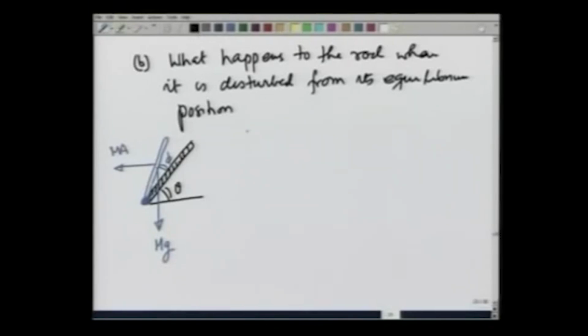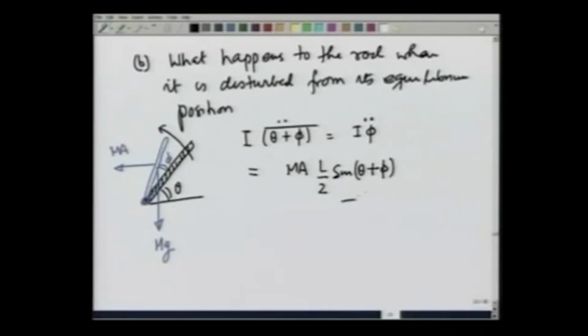That equation is going to look like I, where I is the moment of inertia of the rod about the pivot point, theta plus phi double dot, which is nothing but I phi double dot, as theta is a given fixed angle, is equal to, phi is going this way positive, so it is going to be equal to ma L by 2 sine of theta plus phi minus mg L by 2 cosine of theta plus phi.